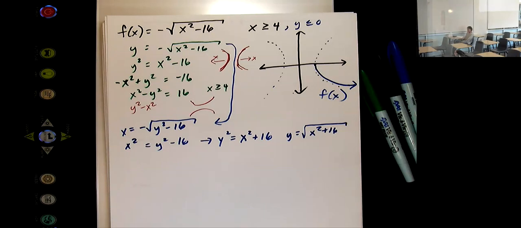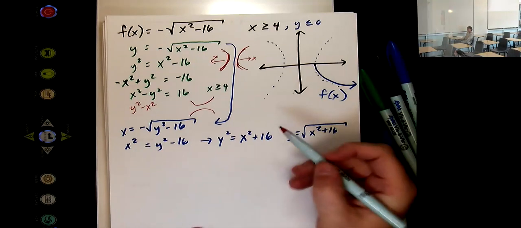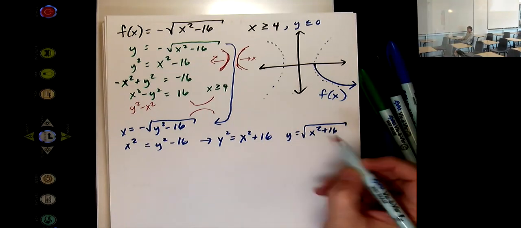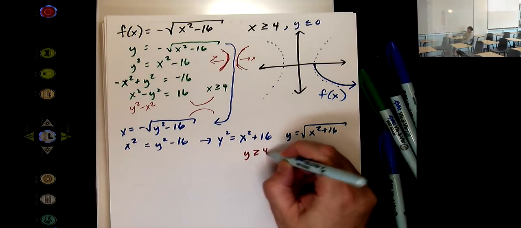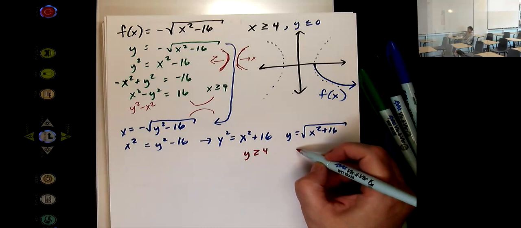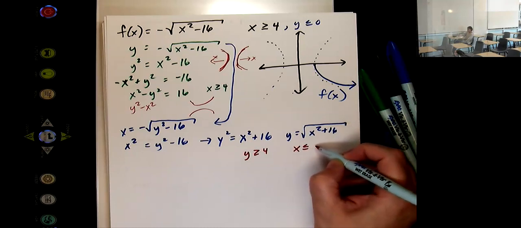And our restrictions split. X was greater than 4, now tells me that y needs to be greater than or equal to 4. And y was less than 0, tells me that x now has to be less than or equal to 0.